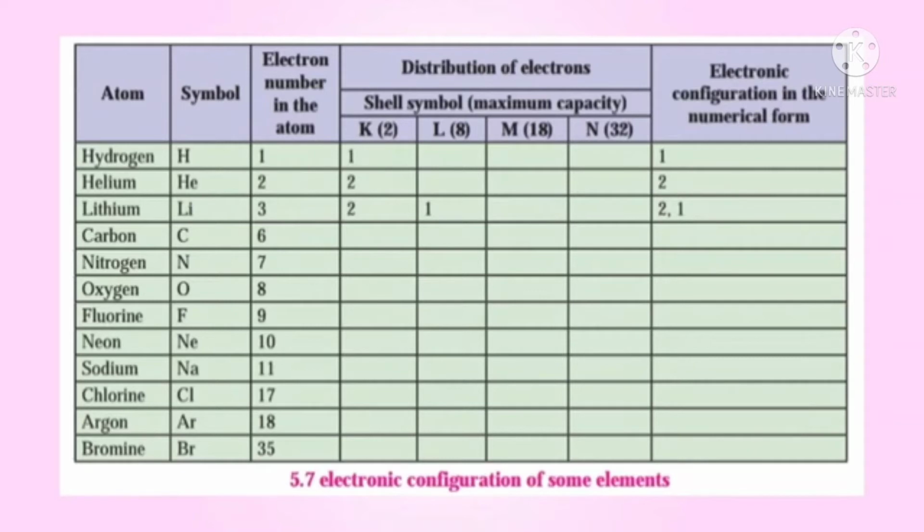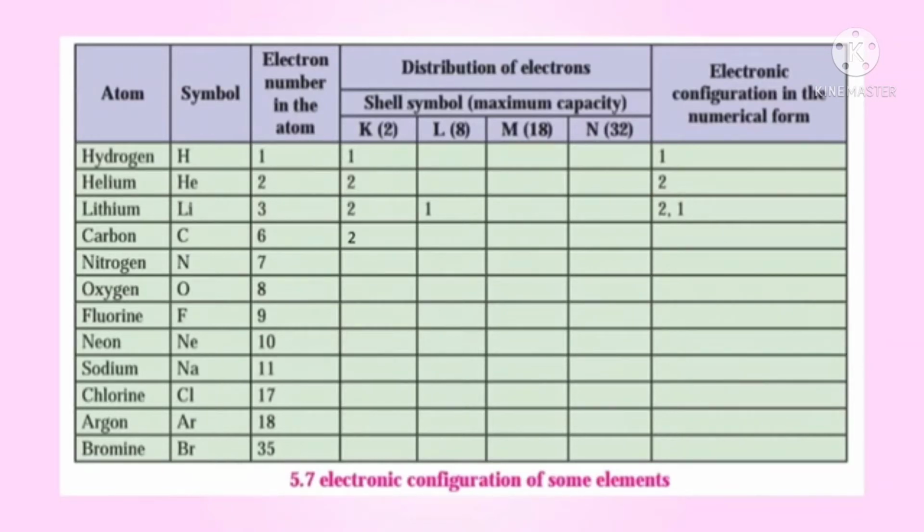Now we will consider the next element, helium. The symbol of helium is He and the number of electrons in helium is 2. And we know that the maximum capacity of the first shell K is 2. That's why in the first shell K it is written 2 and therefore the electronic configuration is only 2.